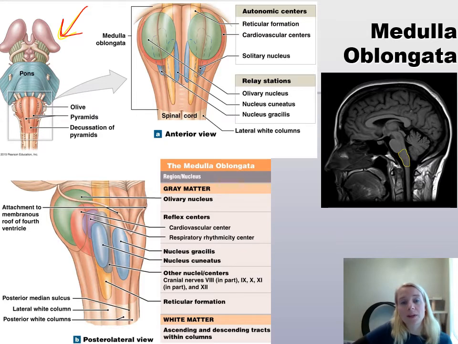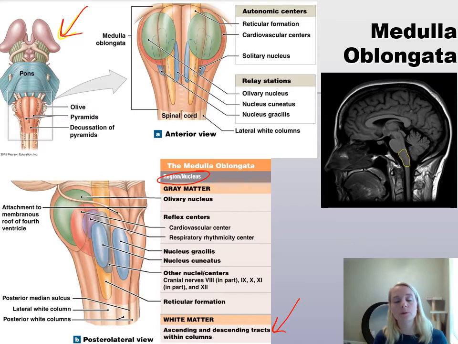But in the brain and spinal cord, we don't have the same organization. We don't have the neurium, we don't have a fascicle, we don't have a rope-like structure. They're just all embedded within the brain or the spinal cord. So we call these the tracts. The white matter in your medulla are just the continuations of those ascending and descending tracts that are continuous with the spinal cord. The gray matter are what we call nuclei.